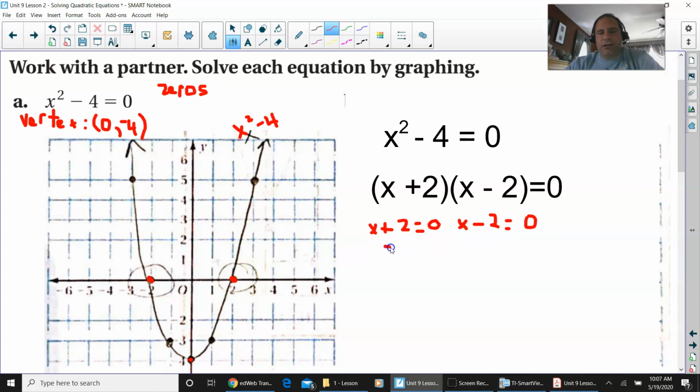So you just solve this for x. Minus 2, minus 2, plus 2, and plus 2. Then you have x equals negative 2, and x equals positive 2.